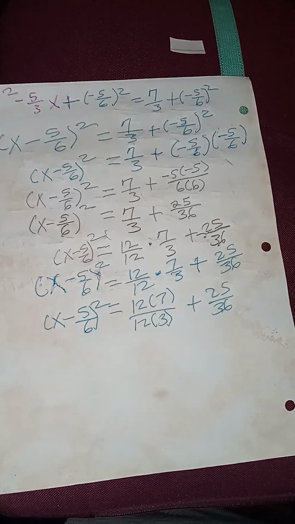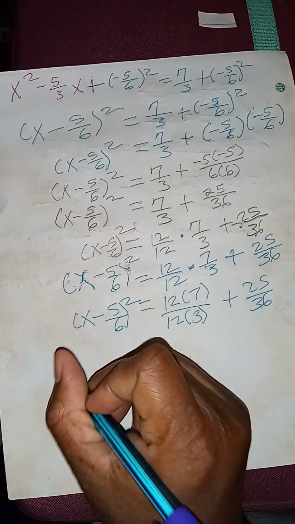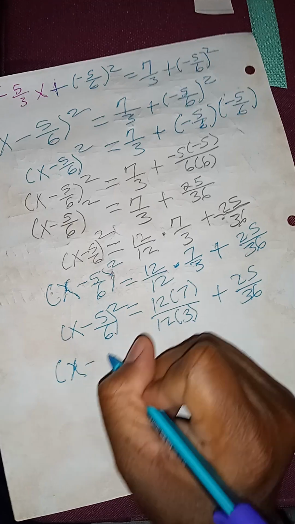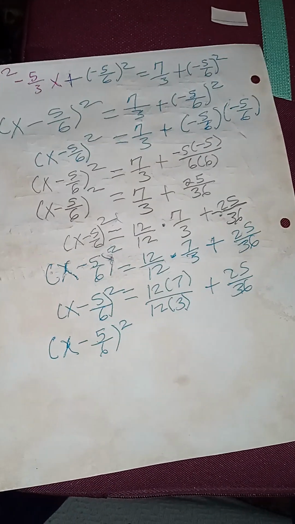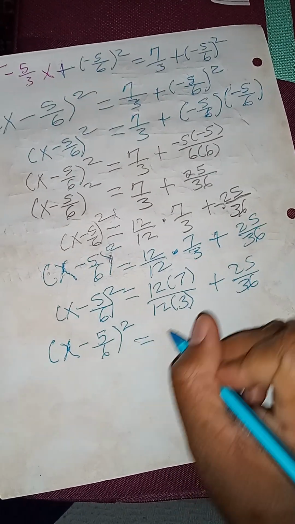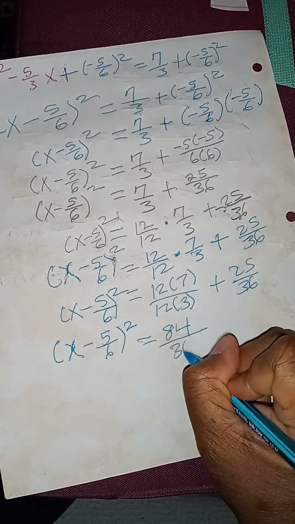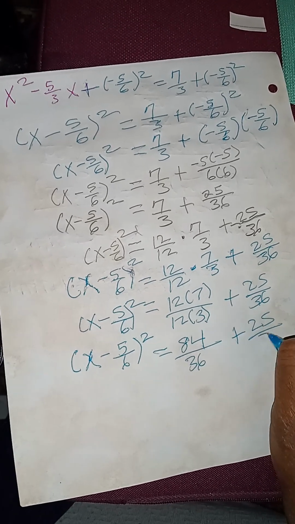So (x - 5)/6 squared is equal to 12 times 7 over 12 times 3 plus 25 over 36. This will break down to (x - 5)/6 squared is equal to 12 times 7, that is 84 over 36, because 12 times 3 is 36, plus 25 over 36.